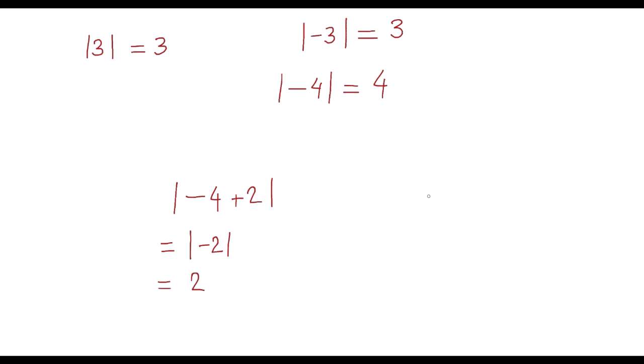Suppose you have negative 5 minus 3, and you have to find the absolute value. But before that, you will do the calculation. You get negative 8, and the absolute value of negative 8 will be 8.